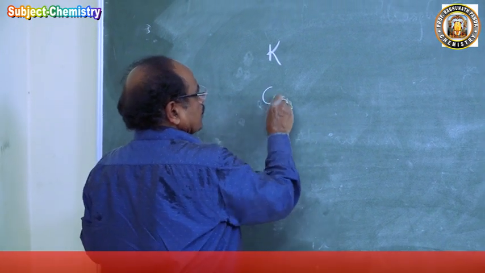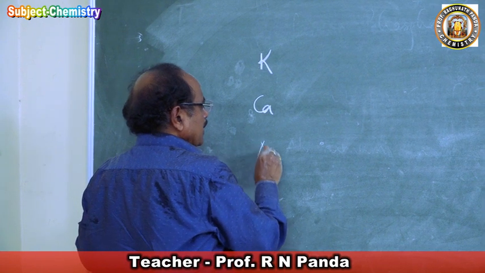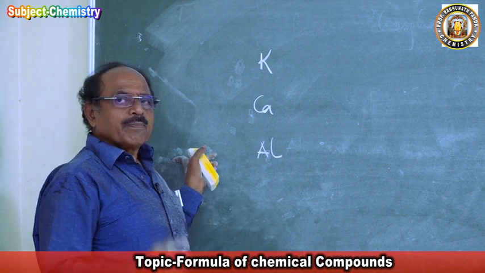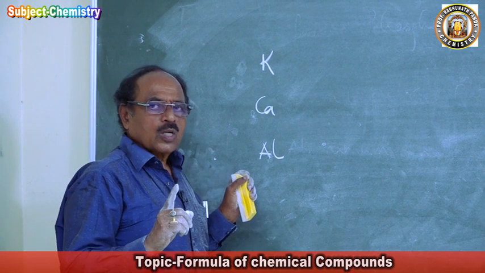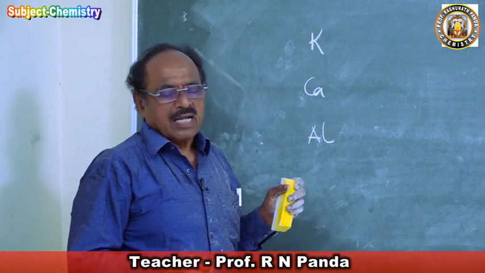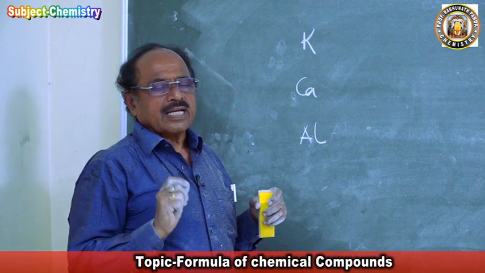Then you take calcium and write the formula for all anions, and then you take aluminium and write the formula for all anions. You make a practice of this. This will help you a lot, and whenever your sir is teaching in the class or you are writing the answers, you will not make any mistake in writing the formula.